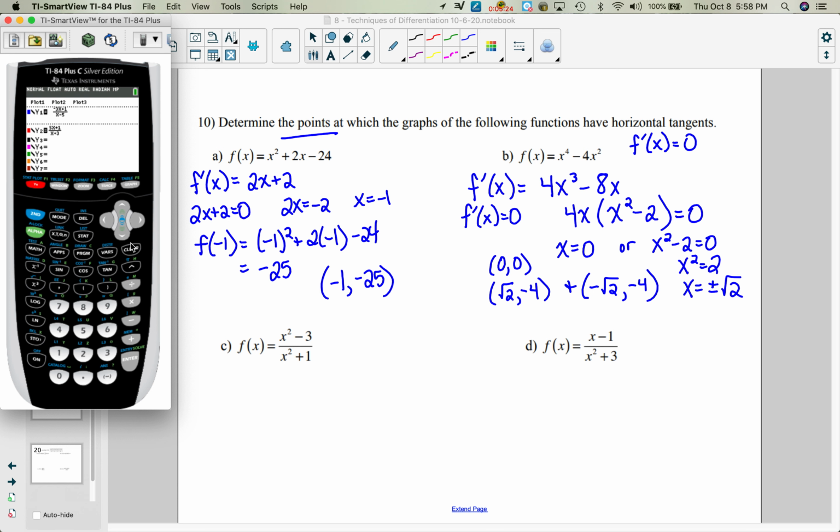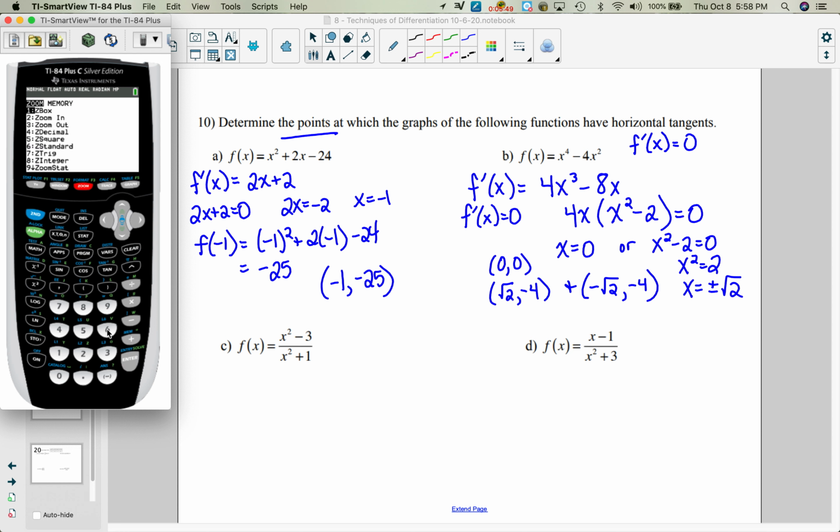So if we were to graph, let me clear out this other stuff. If we were to graph x to the 4th power minus 4x squared. Remember, we're expecting to see 3 horizontal tangents.